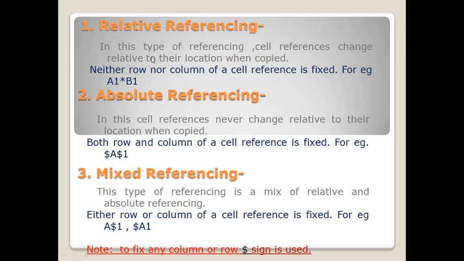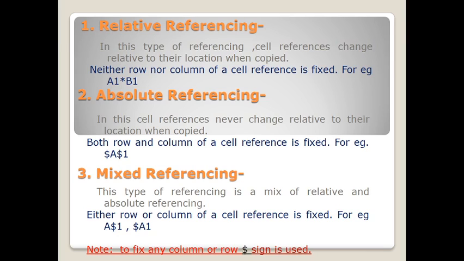Relative referencing: in this type of referencing, cell references change relative to their location when copied. Neither row nor column of a cell reference is fixed. For example, A1 multiplied by B1. If we are writing this formula and if we are copying the formula in the rest of the cells, A1 will be changed to A2, A3, A4, B1 can be changed to B2, B3, B4, or it can change to D1, E1, like that.